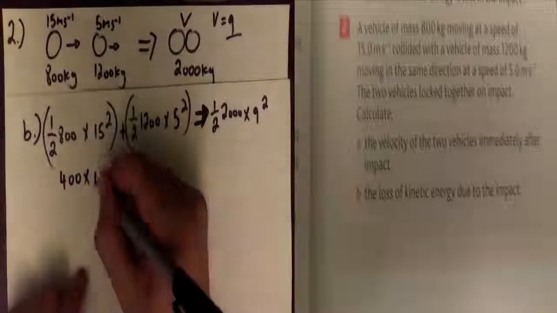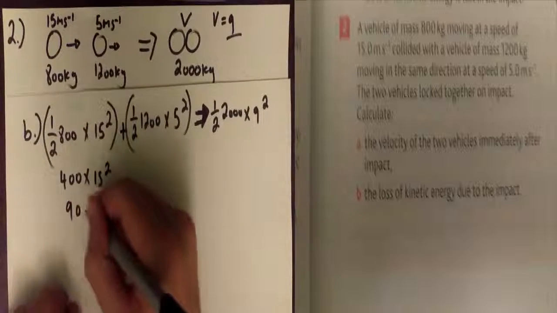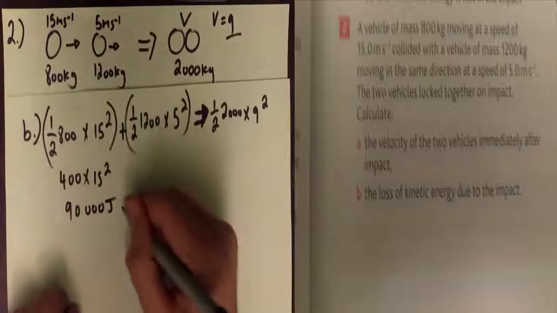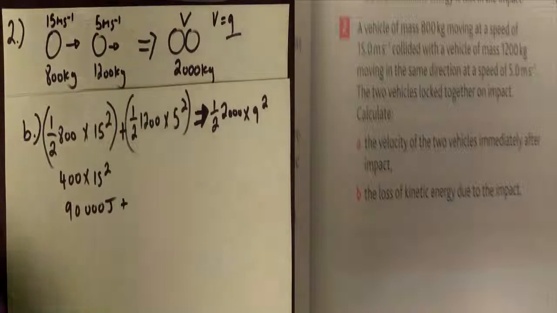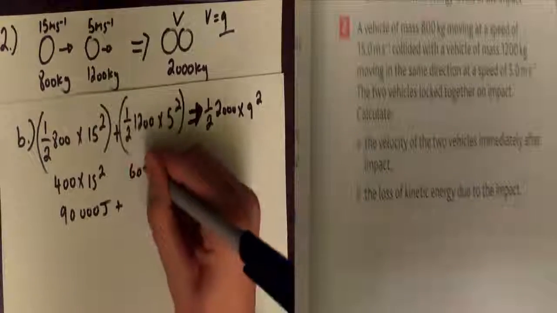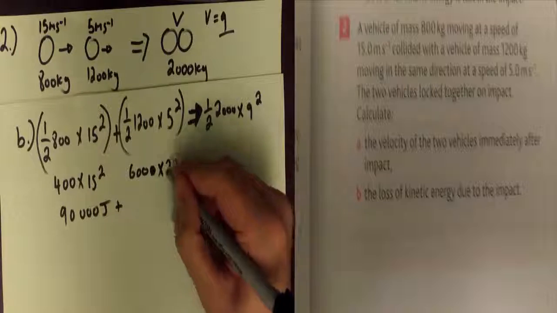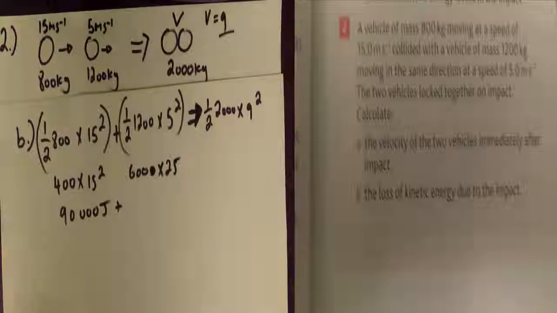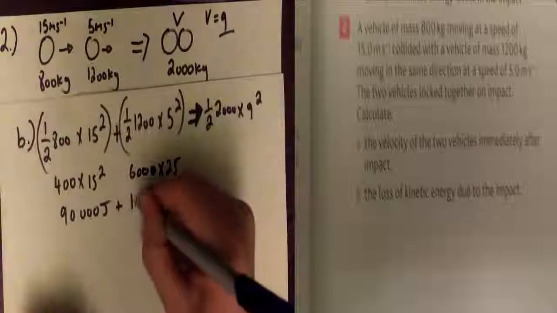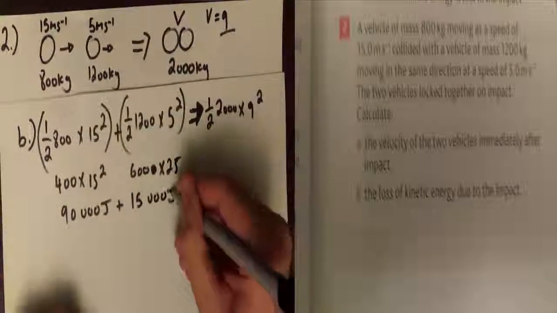So 400 multiplied by 15 squared is equal to 90,000 joules. Now we can add this to 600 times 5 squared, which will give us 15,000 joules.